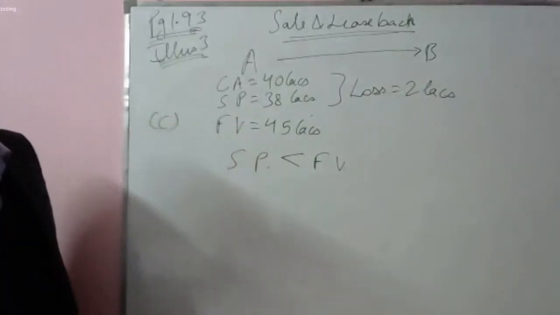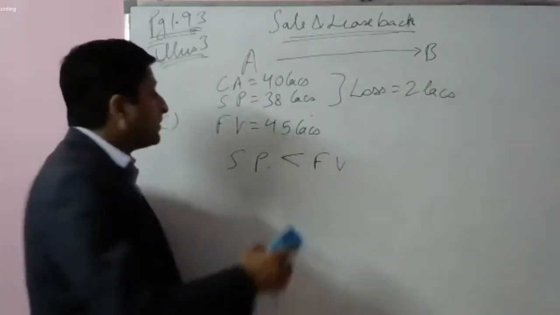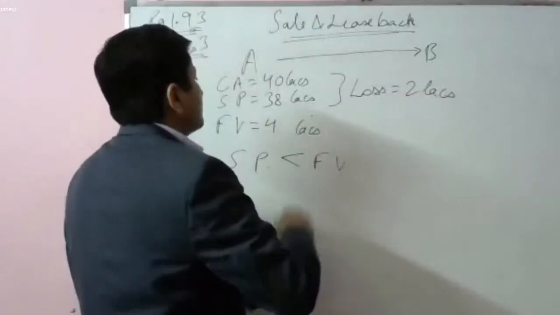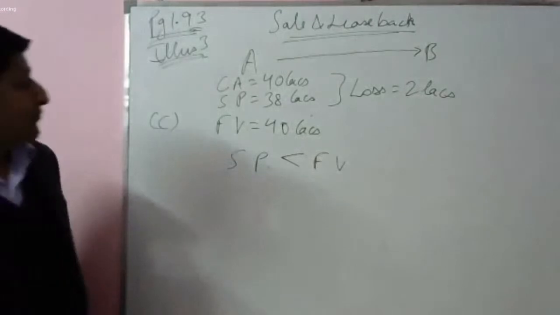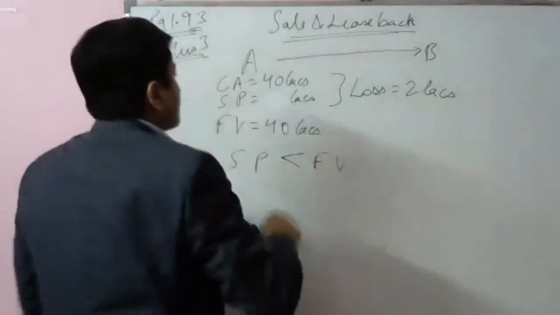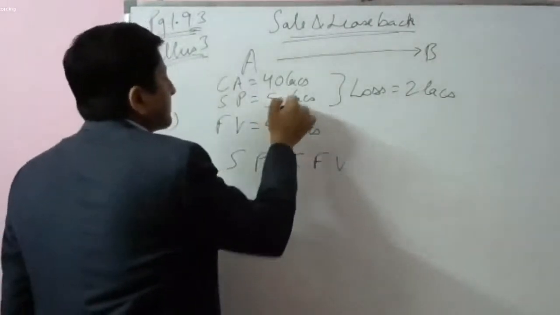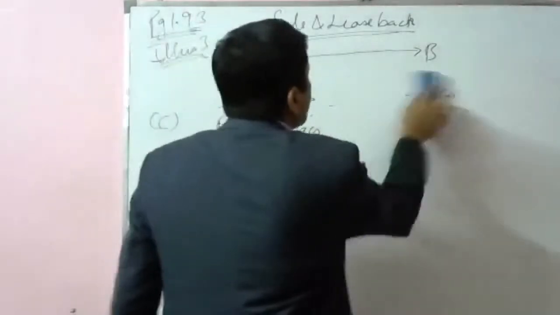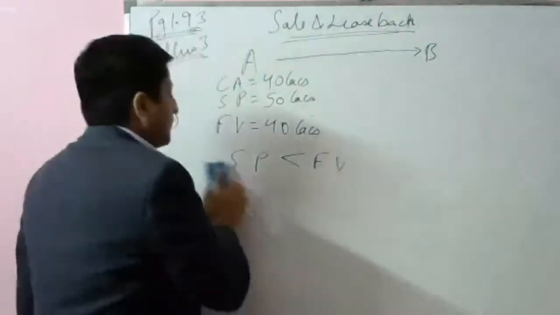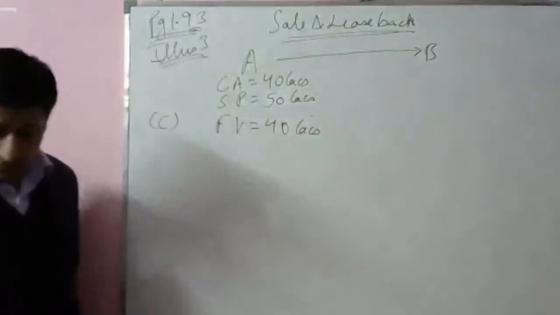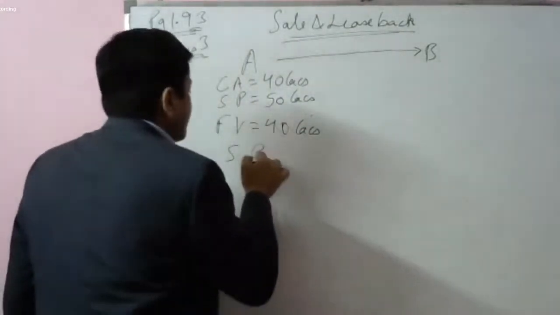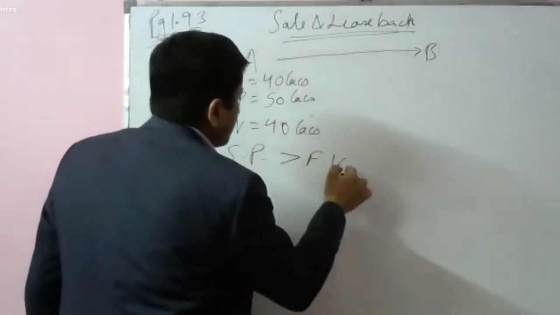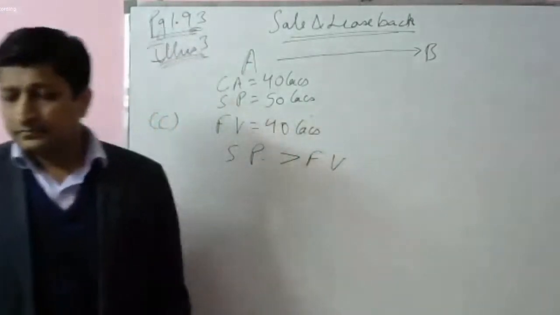Situation number D. Now we need to make the fair value 40 lakhs and selling price 50 lakhs. So now we have a profit of 10 lakhs, and selling price is greater than fair value.